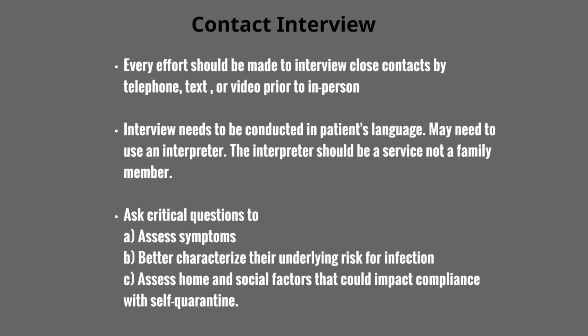In Module 2, we talked about those that were at high risk. Assess home and social factors that could impact compliance with self-quarantine. This is when you might have to provide extra services to your contacts who cannot self-quarantine on their own.